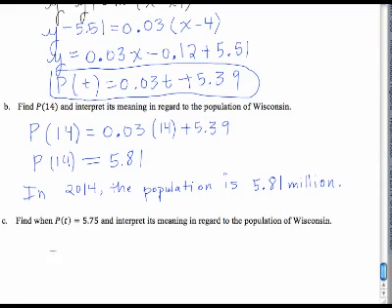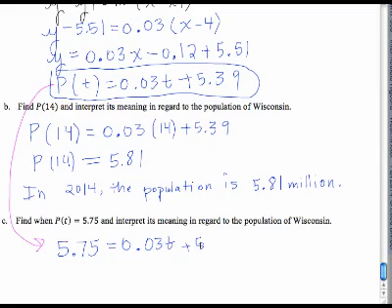Okay, so here's our equation right here. P of t equals that. We want to find when does P of t equal 5.75. So I'm going to replace the P of t by 5.75, and then we're going to solve for t.